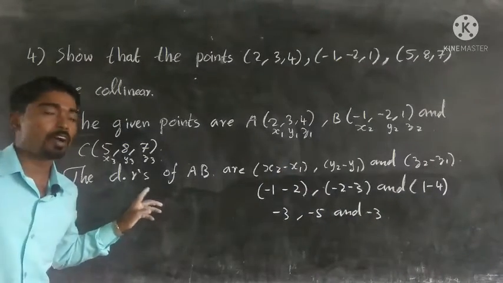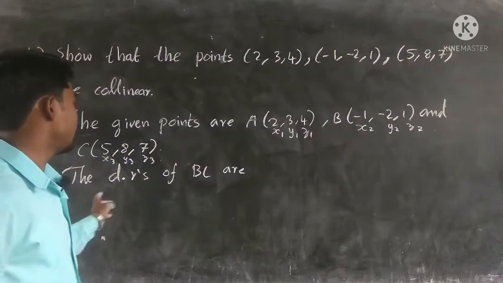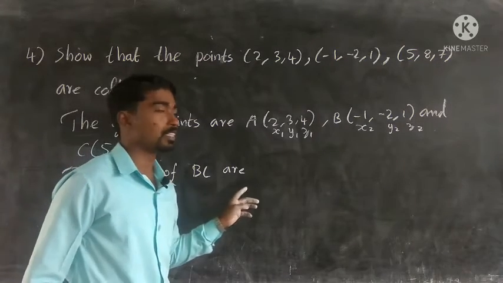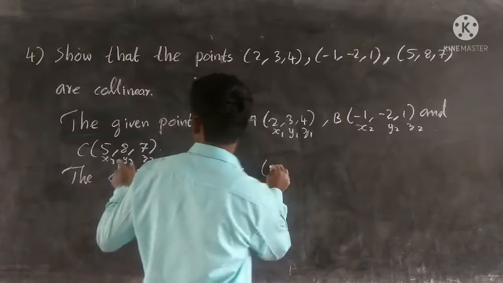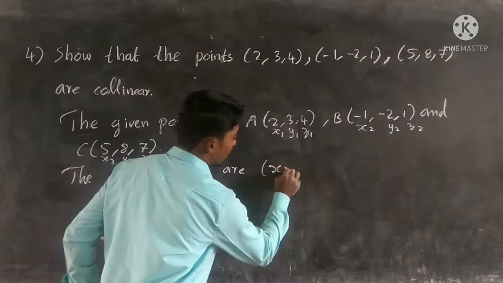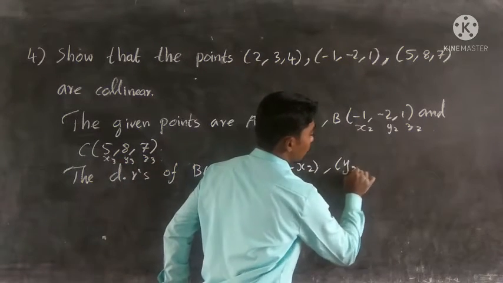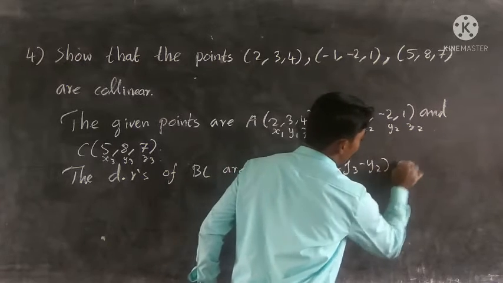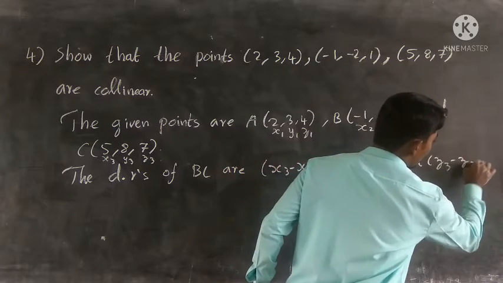In the same way, we are going to find the direction ratios of BC. The direction ratios of BC are x3 minus x2, y3 minus y2 and z3 minus z2.